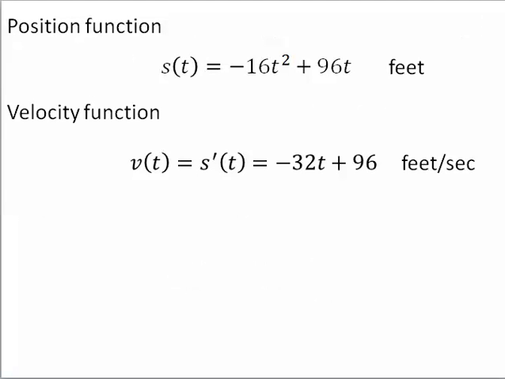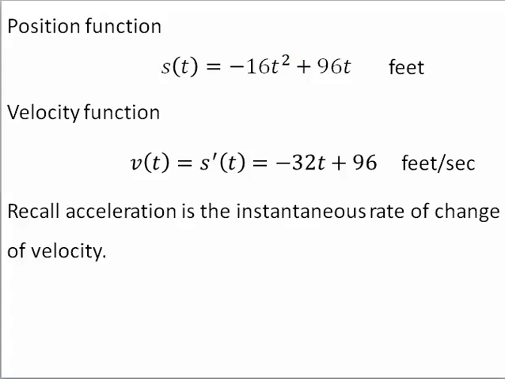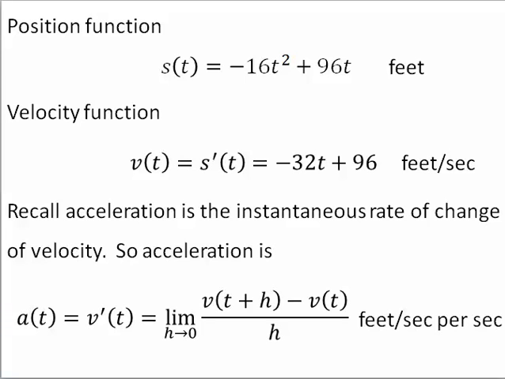All right, so discussing this position function and this velocity function, let's move on to acceleration. Remember, acceleration is the instantaneous rate of change of velocity. So acceleration itself can be found with this limiting process.